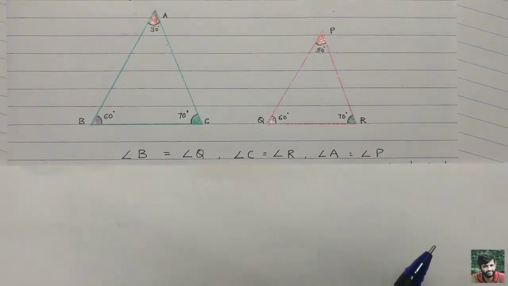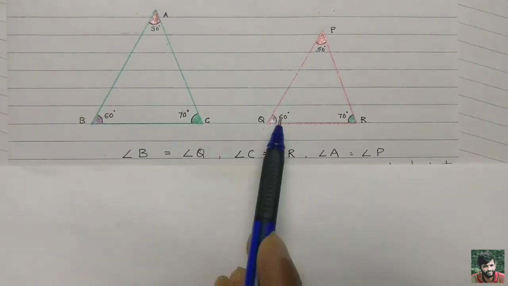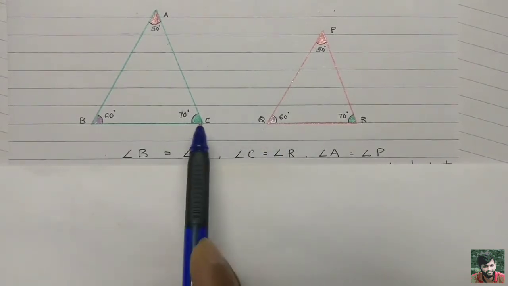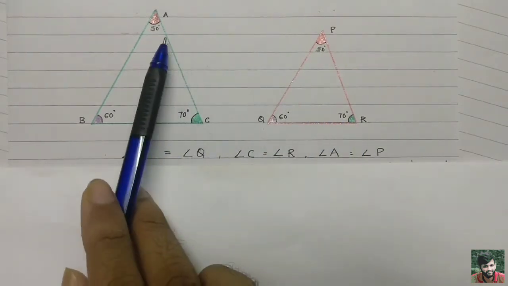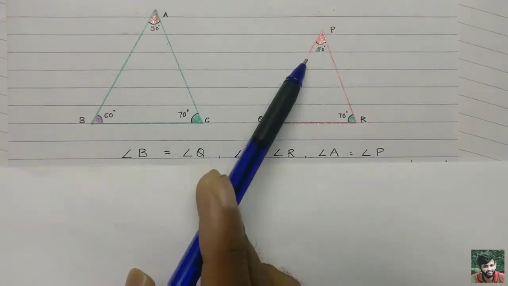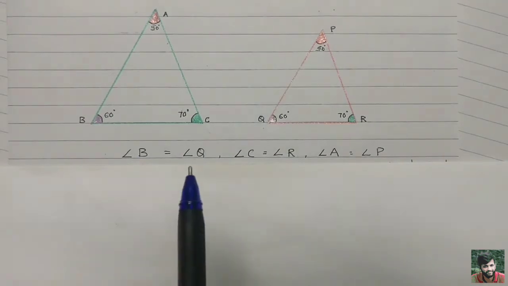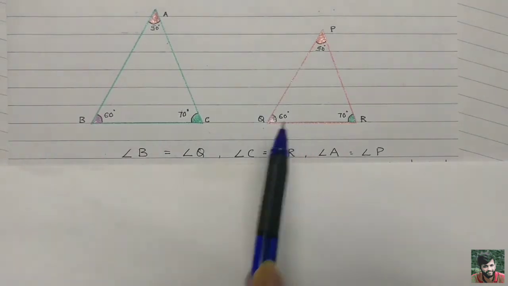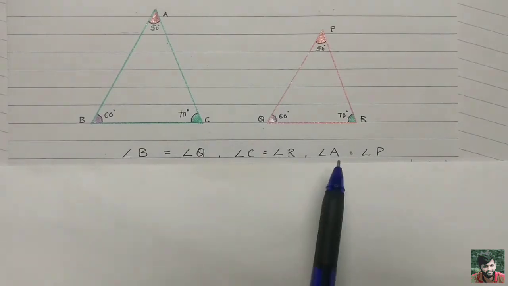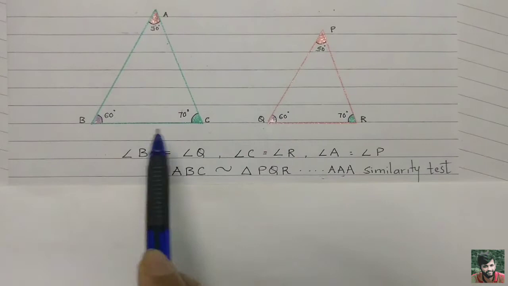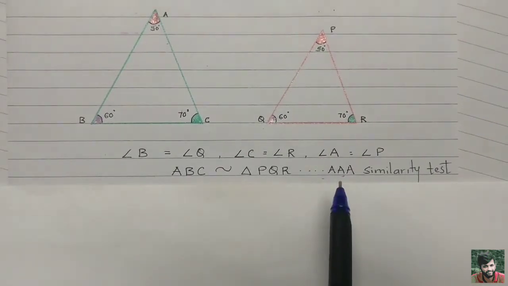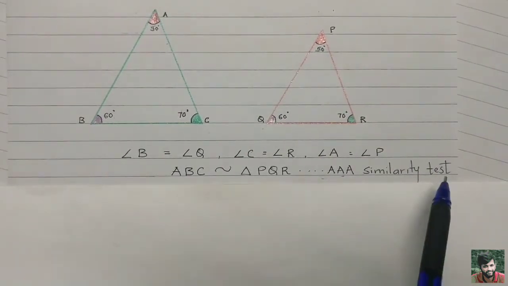I have angle B equal to angle Q, angle C equal to angle R, and angle A equal to angle P. When in two triangles angles are equal, then we say that the triangles are similar by AAA similarity test.